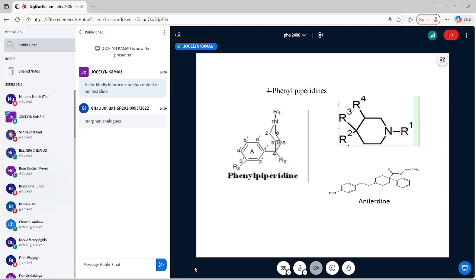So I think with that, I hope we are now able to move on to the 4-phenyl piperidines. If you see the name, 4-phenyl piperidine, we are left with a phenyl and a piperidine ring. If you look at this compound, this is our phenyl ring, and that is our piperidine ring. Of importance now is to note that there is no more fusion.